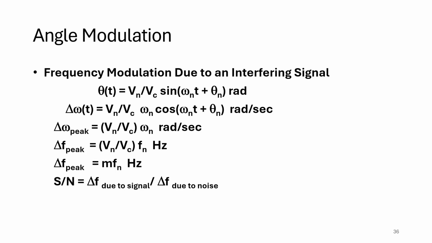The instantaneous frequency deviation is the first time derivative of the instantaneous phase deviation. Okay, anyway, so this is for the signal to noise ratio. So signal to noise ratio is just the frequency deviation due to the signal divided by the frequency deviation due to the noise.